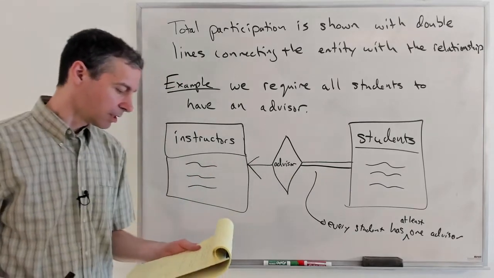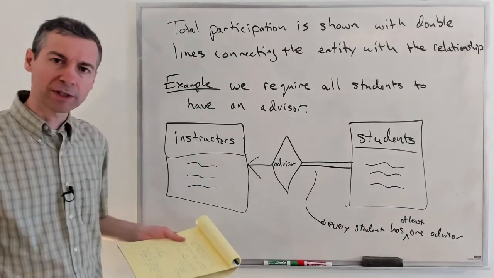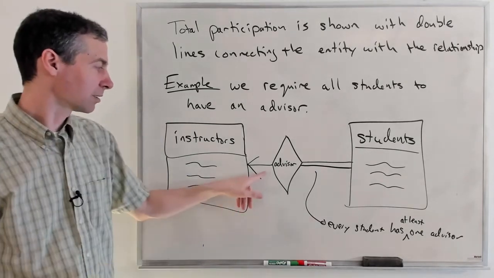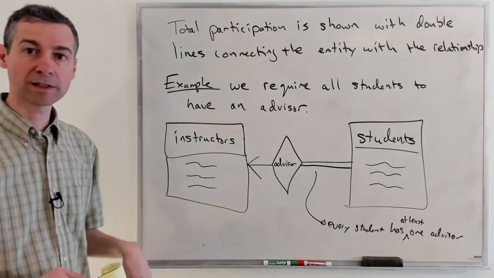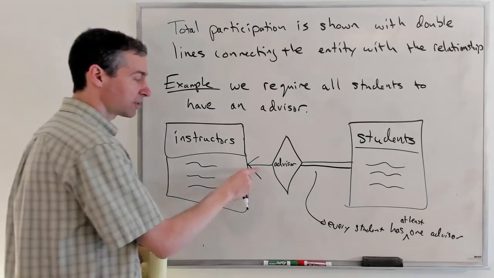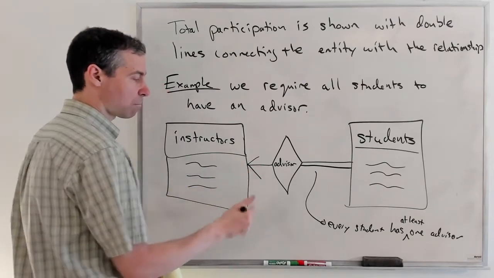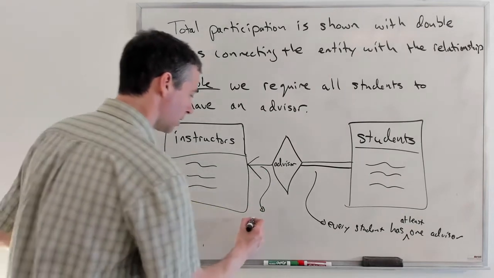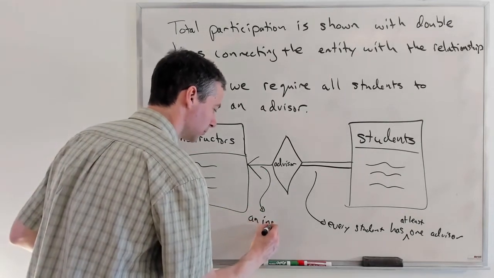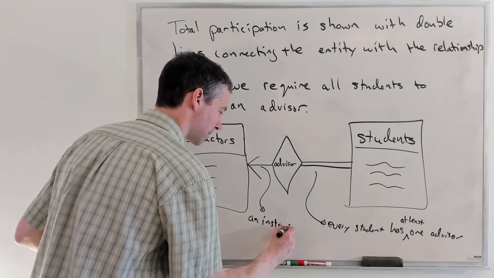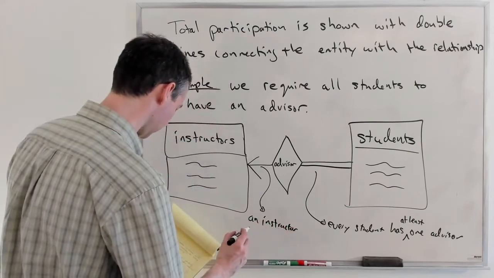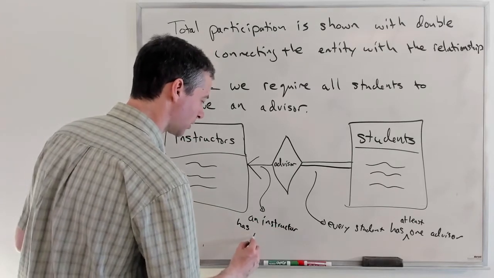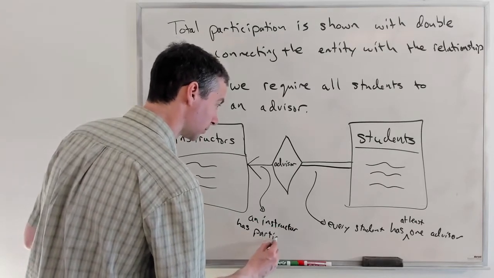All right. Now, what about the instructors? Well, let's say we leave the diagram as it is, so this stays a single line. When this is a single line, what this means is an instructor has partial participation.